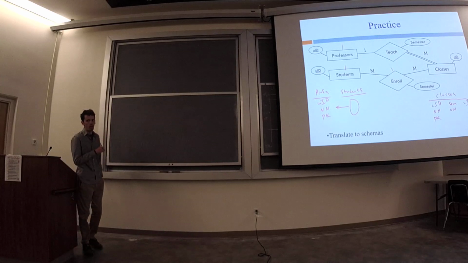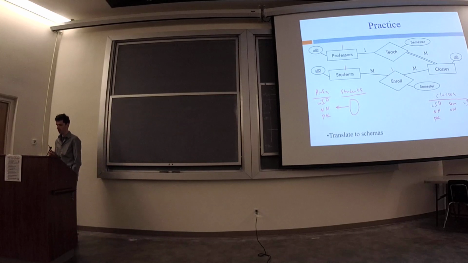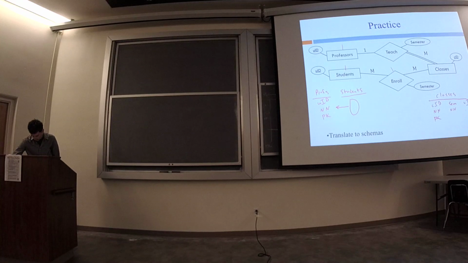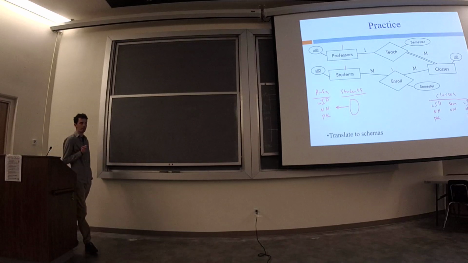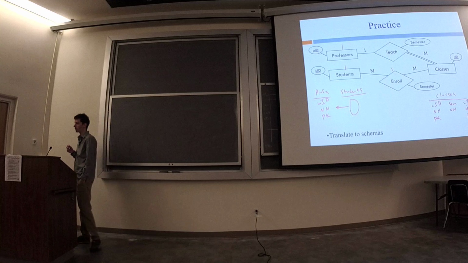So what are the properties on UID? Non-null. Why? Double line means it's required. It has to be there. Any other properties on UID? Foreign key. Okay. Let's do the enroll.